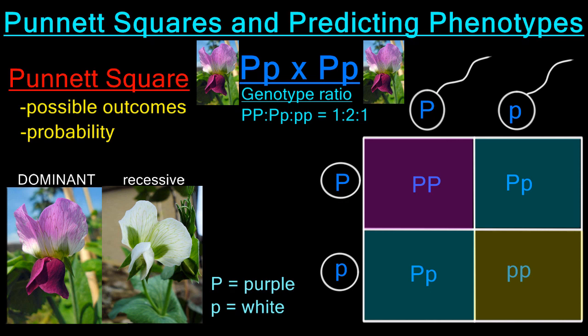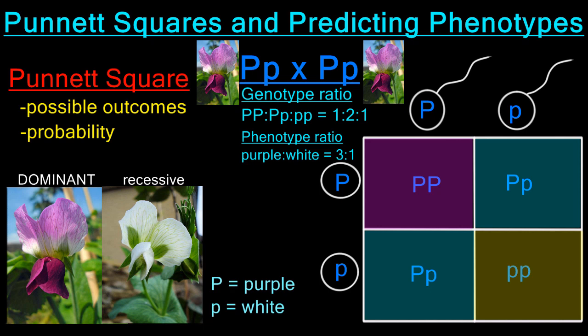This ratio tells us that for every homozygous dominant offspring we have, we should see 2 heterozygous individuals and 1 homozygous recessive individual. We could also say that 25% of the offspring from this cross should have the genotype big P, big P, 50% should have the genotype big P, little p, and 25% should have the genotype little p, little p.